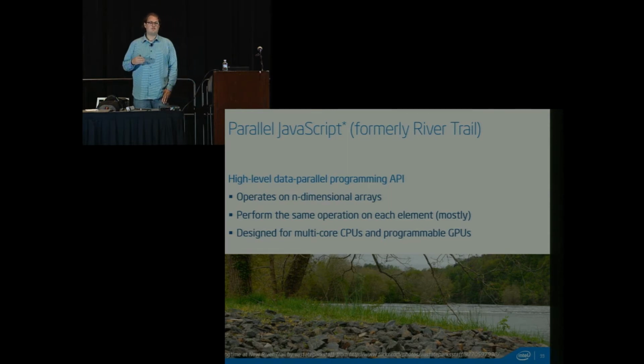You can have control flow; it's not exactly the same operations on every element. And it's designed to run seamlessly on CPU and programmable GPUs. You write your code once, and depending on the hardware you're running it on, it will run on the CPU or the GPU, also depending on your browser implementation, obviously.